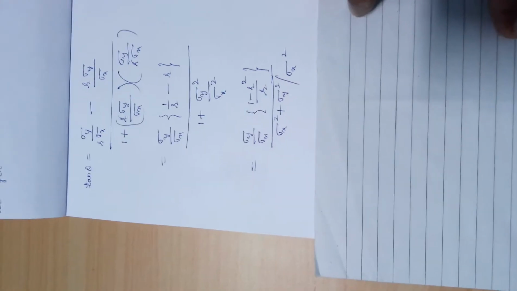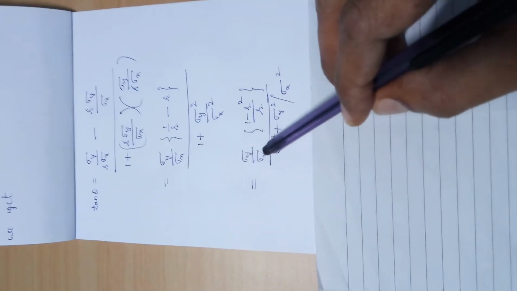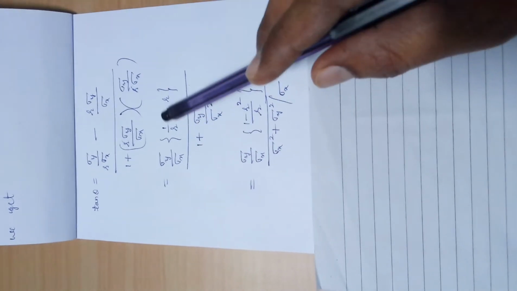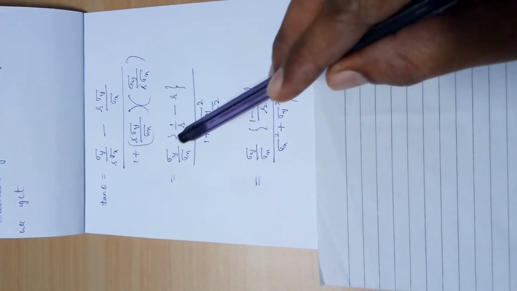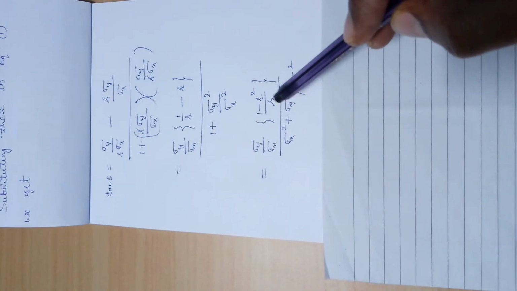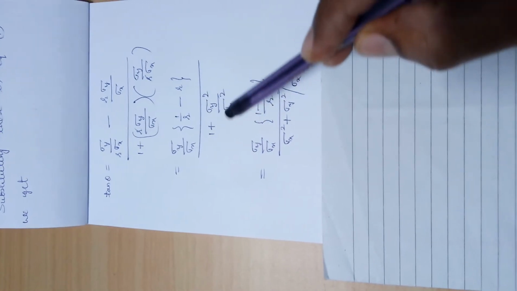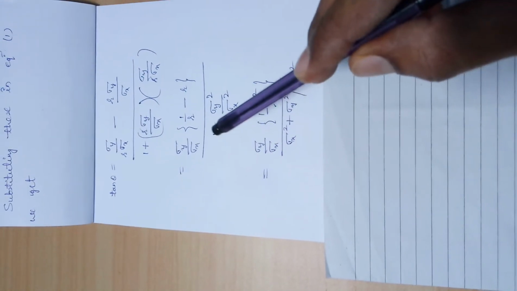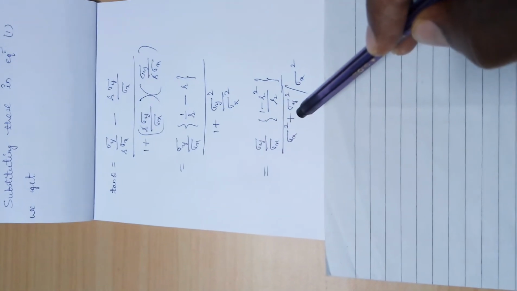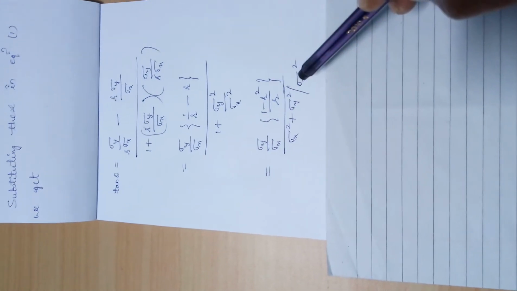Again in the next step, sigma y by sigma x, taking LCM in the numerator, gives 1 minus r square divided by r, divided by, again in the denominator taking LCM, where we multiply by sigma x square, we get sigma x square plus sigma y square divided by sigma x square.